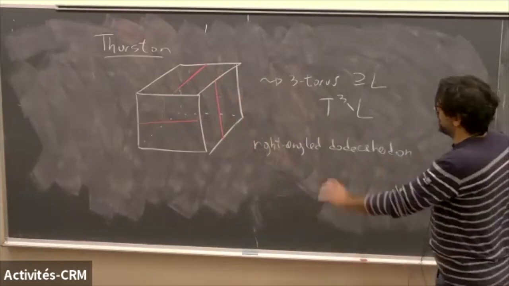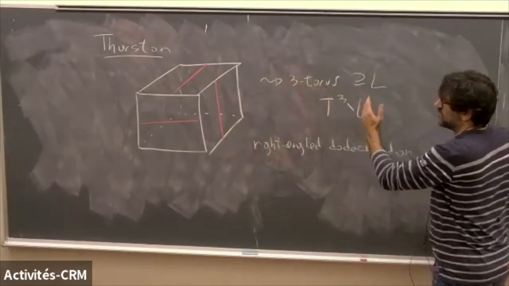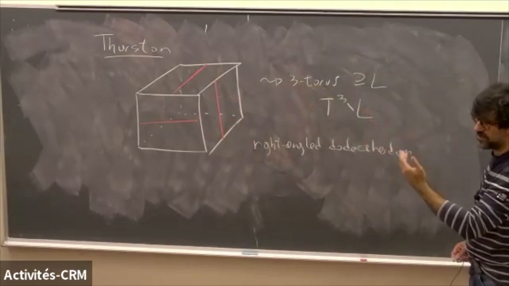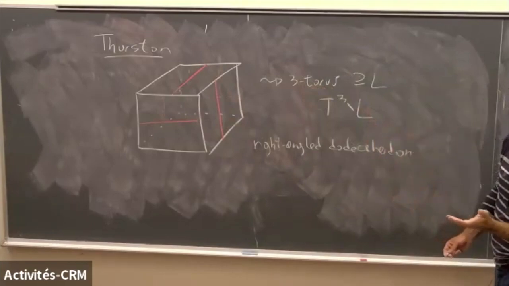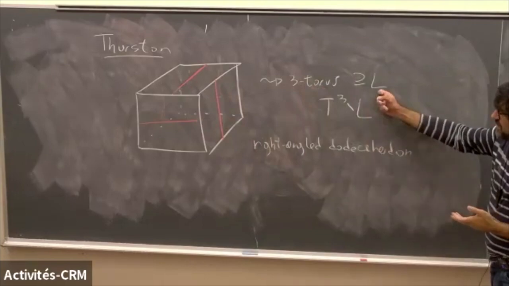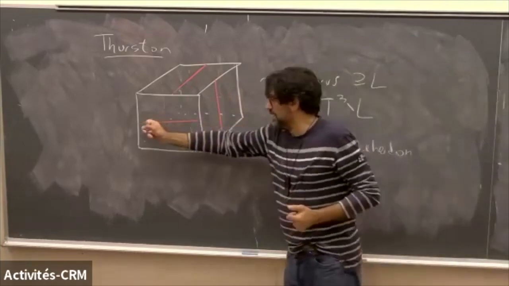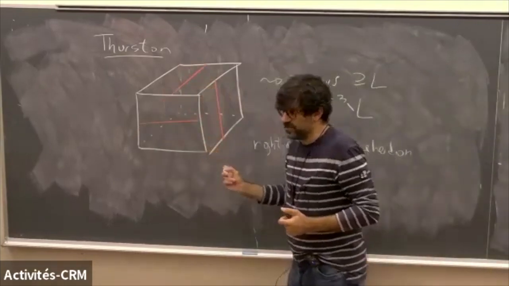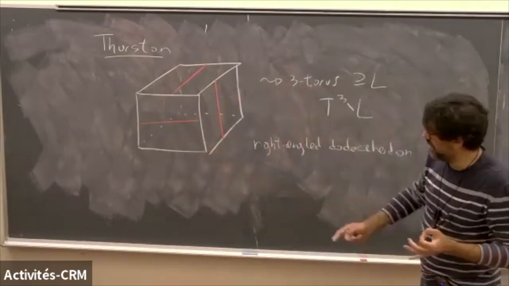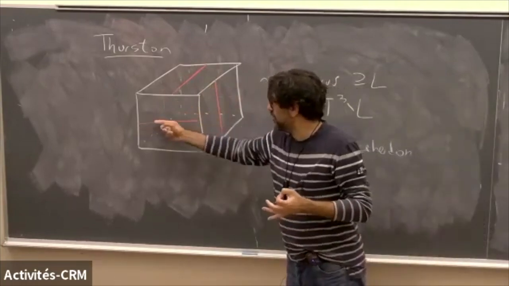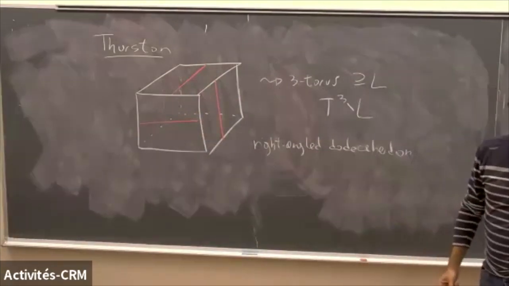Okay. And now you interpret the same thing, and you don't get a flat three-torus. You get a hyperbolic three-torus, which is of course impossible, but with a singular set. So L is going to be a link where the cone angle is pi, because we have only two dodecahedra meeting at this knot, not four.